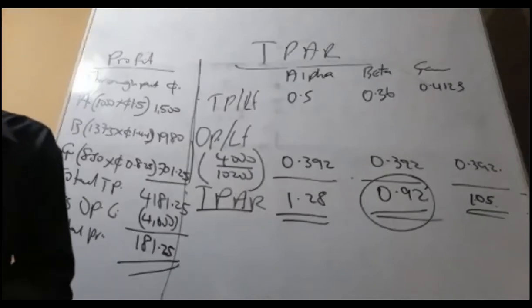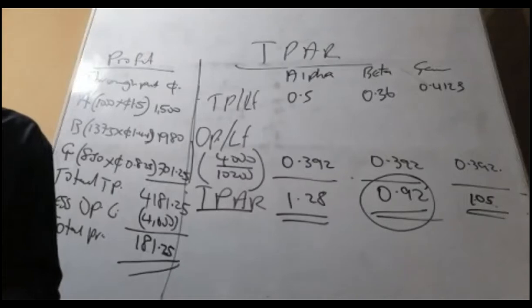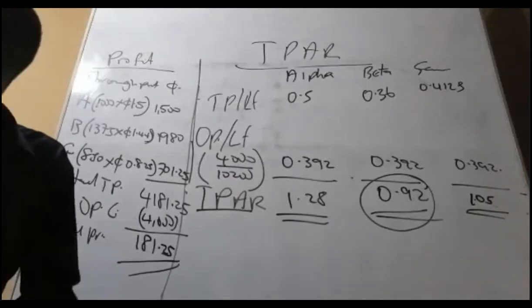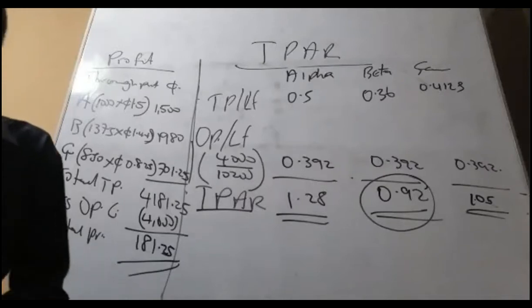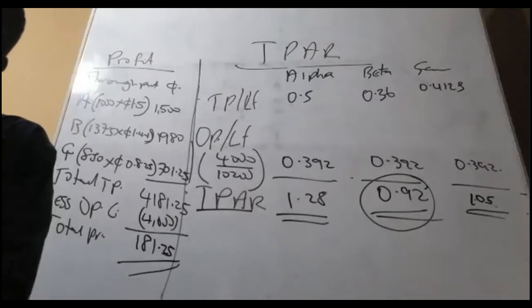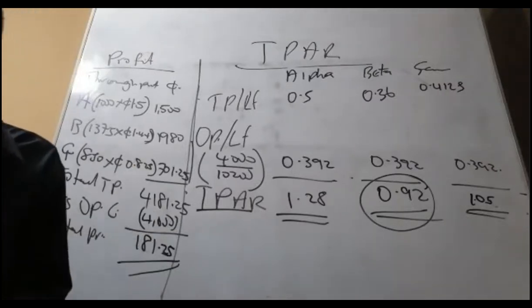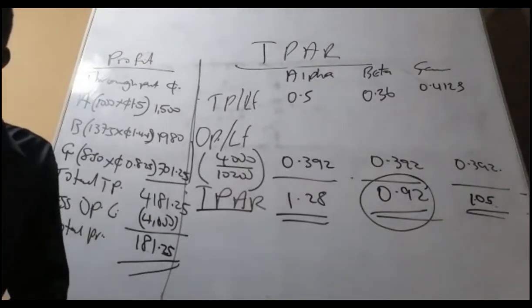Good. Then 3, increasing your operating capacity by investing in additional machines, routine maintenance, and reduction of absenteeism. If your employees like absenting themselves, put strict measures in place to reverse that. These are the ways of increasing the throughput accounting ratio. I'm done with those that I wanted to add.